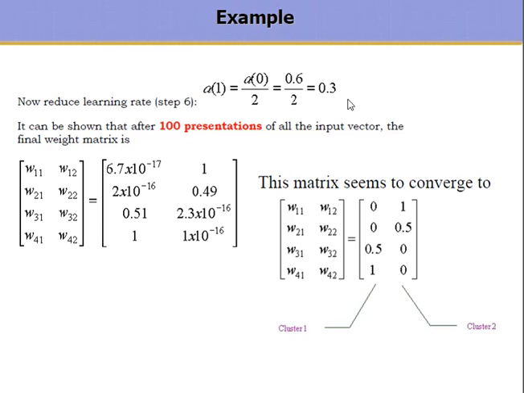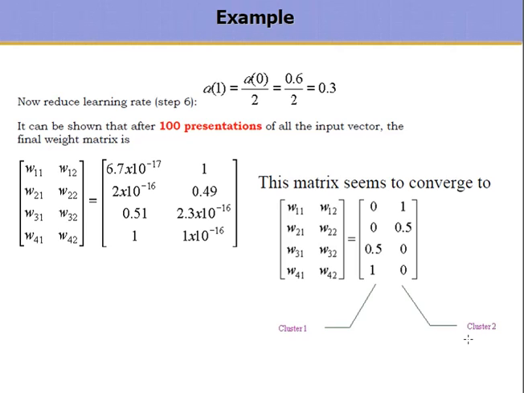For this specific example, if you repeat for 100 cycles or 100 epochs, then you can see that the input vectors will give you the final weight matrix, right? The final weight matrix will be similar to this one, and you can see this matrix can converge to this weight matrix, and we can use it in order to group our input data set into two clusters, right?